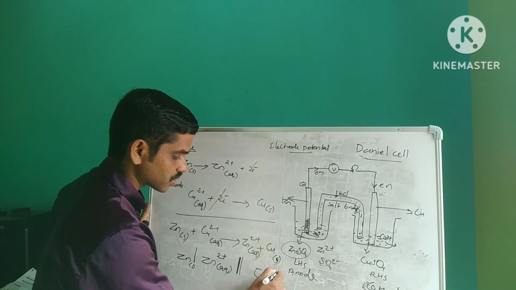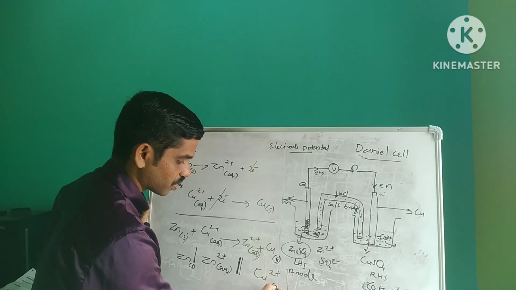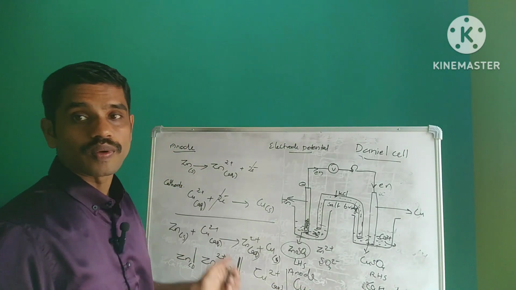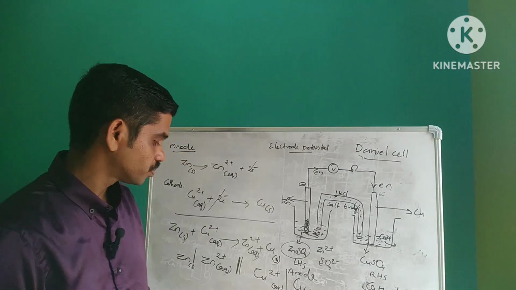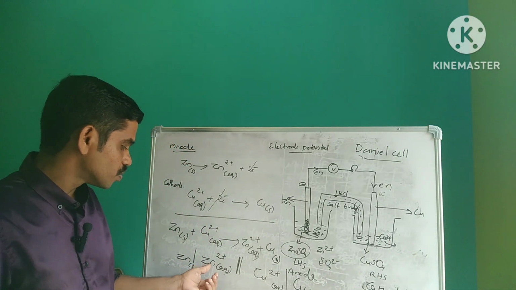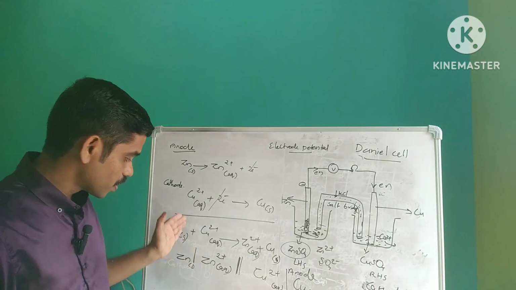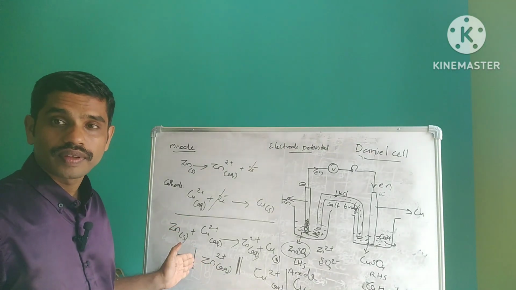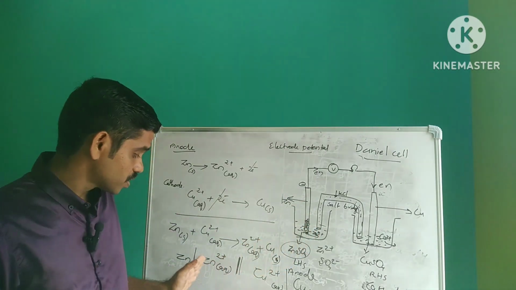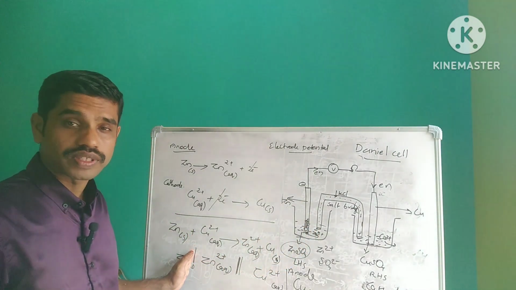What is happening here? Reduction. Copper 2+ in the aqueous form is converting to copper solid. So see, zinc and Zn2+: there we put a single line, because one is in the solid state and the other is in the liquid form. So it's a phase separation.